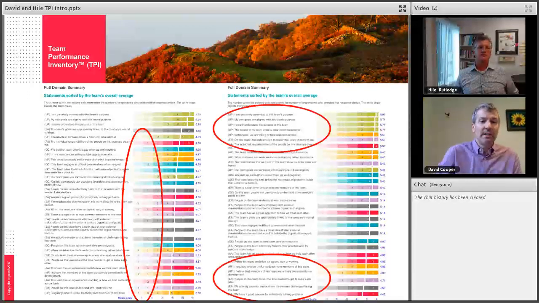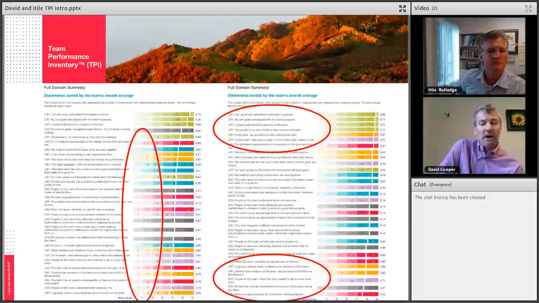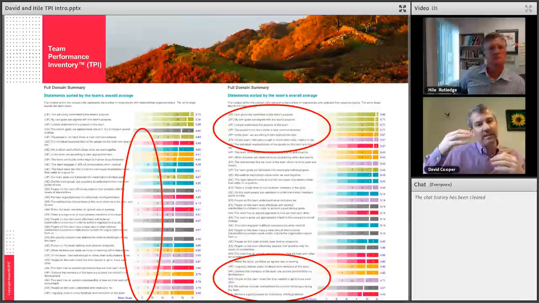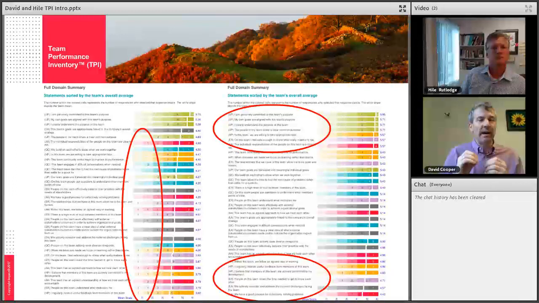The other thing that Heil talked about was this top quartile and bottom quartile. Oftentimes, and this might be too small for you to see, I may find a clumping of those top quartile questions and bottom quartile questions in a polarization of themselves with regards to this aspect of the questions.